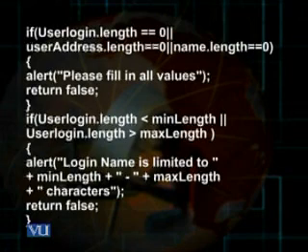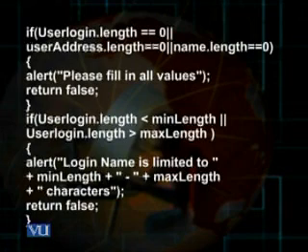We warn the user to make these corrections, otherwise his data would not be sent to the server side or to an application. Here, let me point out this word length is a keyword, a property of the string object.